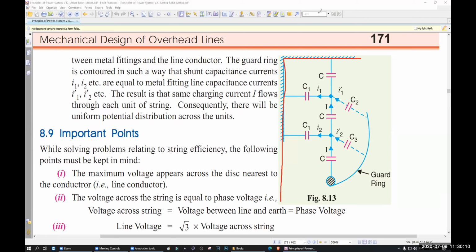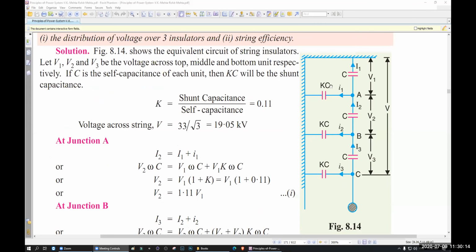So what do I mean by that? See. Here, one current is going, that current reduces. So a reduced current is going. That current reduces again, so another reduced current is going. That current reduces again, so the lowest amount of current is flowing here.